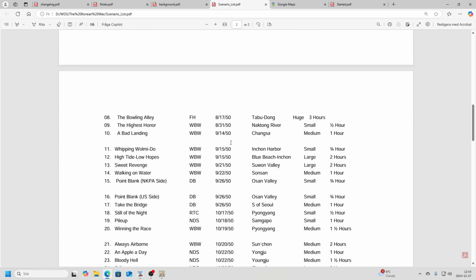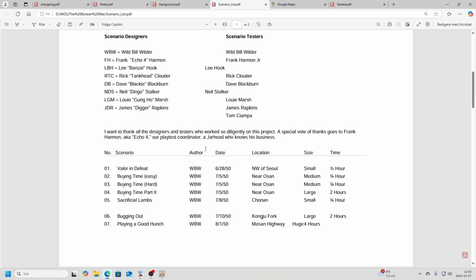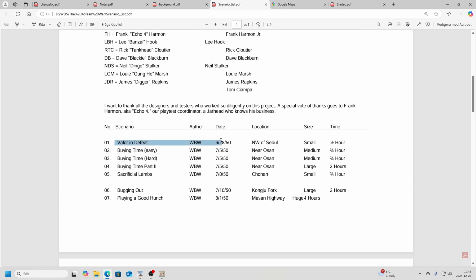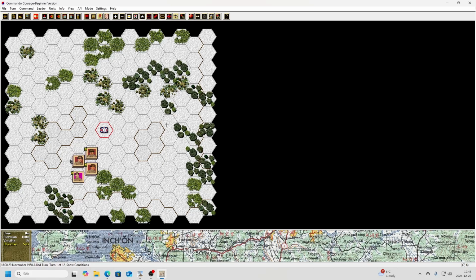We might actually just do this one: Valor and Defeat, the first one of the war that they cover here, early days, northwest of Seoul. This is when the North Koreans are approaching Seoul for the first time in the major attack. It's half an hour. It sounds good. That sounds like an interesting scenario.